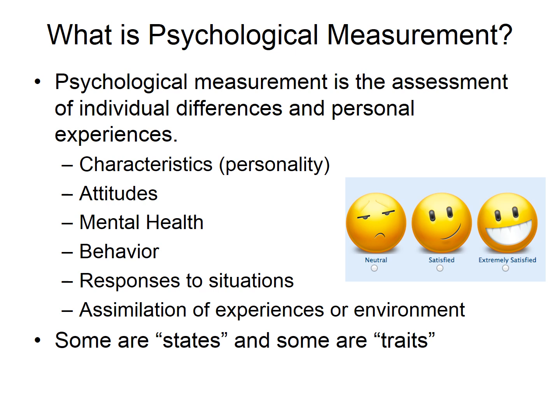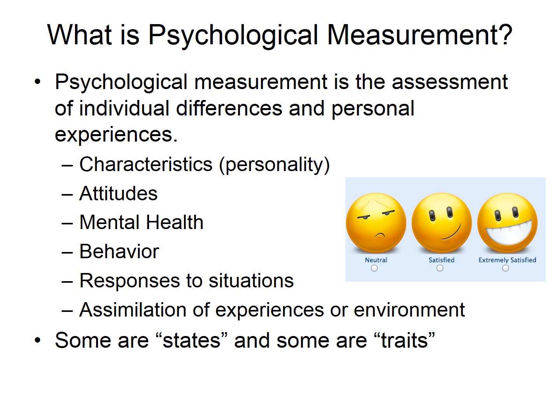So we can be measuring characteristics, attitudes, mental health, and also behaviors. Using behavioral methods, how often someone does something, how many drinks you have in a night, how people respond to situations, and assimilation of experiences and environments, in other words, gaining of knowledge and learning.